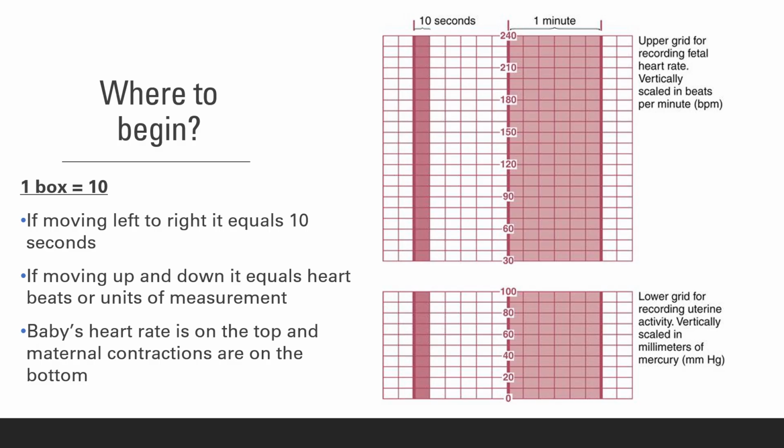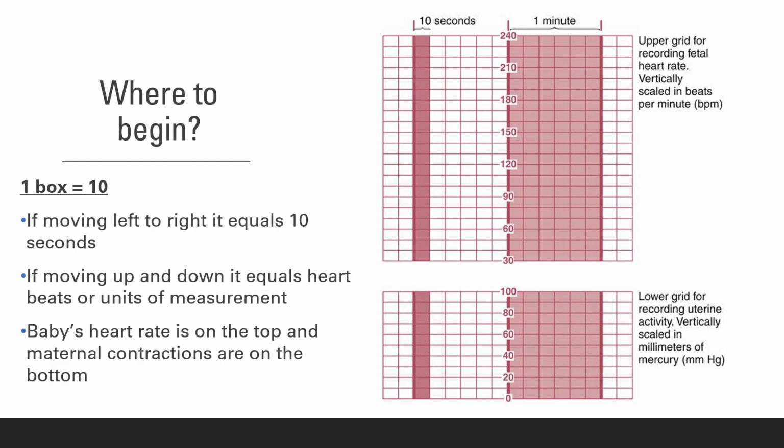As you can see here, if you're looking at this graph on the upper right side, you see the 10 seconds. That little tiny box is 10 seconds in measurement. So one box equals 10 seconds. And if you have 6 of those boxes, that would equal 60 seconds, also known as 1 minute.